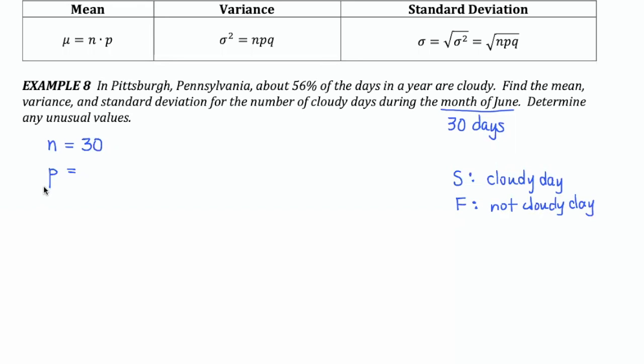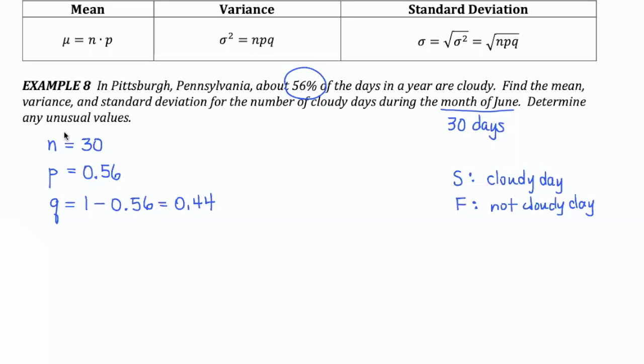So my probability of success, my probability of a cloudy day, is 56%, also known as 0.56. And I can get my Q, my probability of failure, by doing 1 minus my probability of success, which gives me the value 0.44.